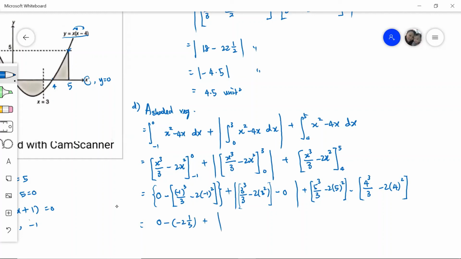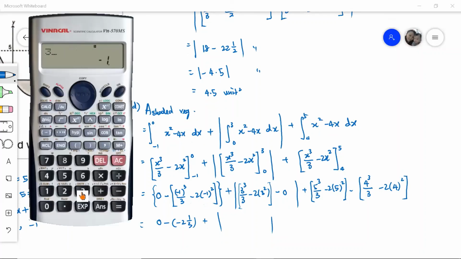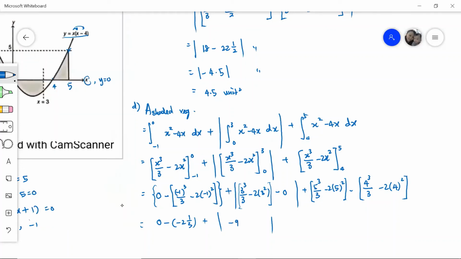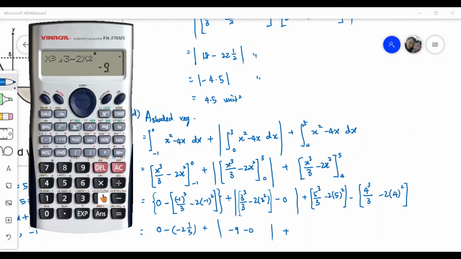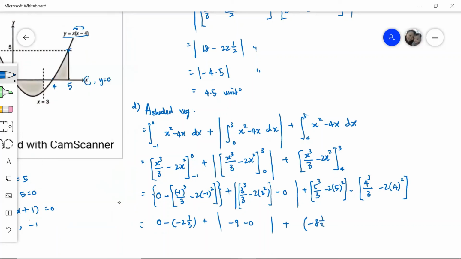Then we plus, put the modulus here. When it is 3, what will happen? So when x is 3, we get negative 9. So this is negative 9 minus 0, and then plus 4 to 5. So let's find 5 first. So when x is 5, negative 8 and 1/3, and then we minus when it is 4.